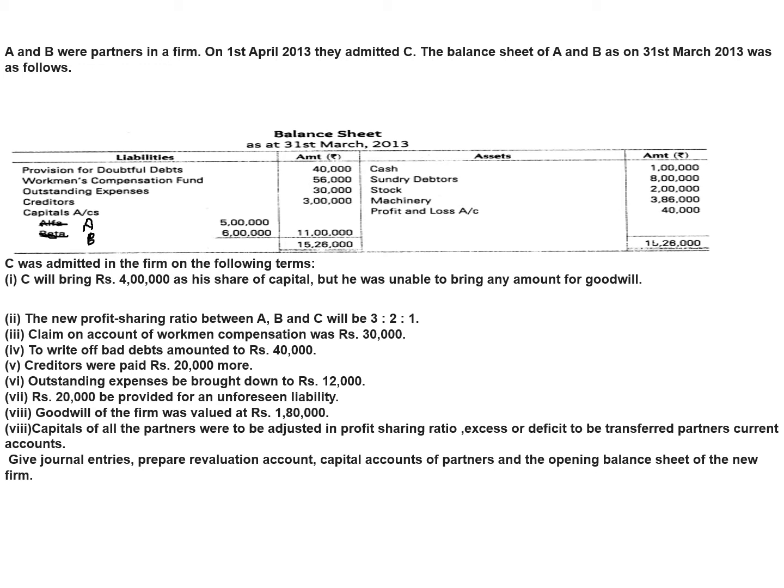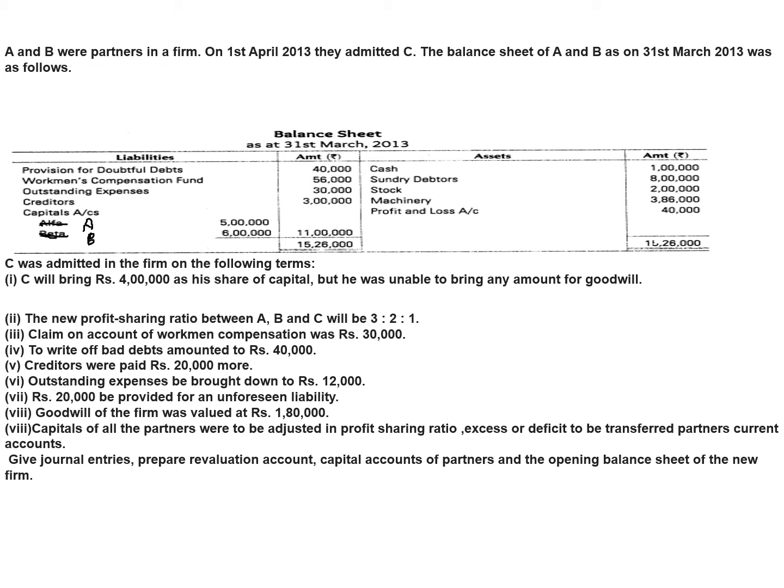C was admitted in the firm on the following terms. C brings rupees 4 lakh as his capital, but he was unable to bring any amount for goodwill. C can bring rupees 4 lakh as capital, but he cannot pay anything for goodwill.